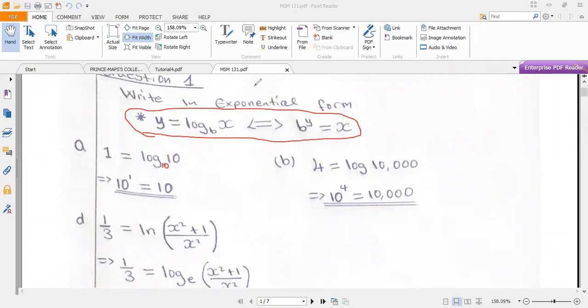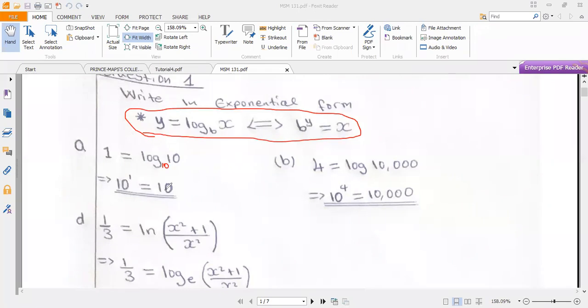So if it has a base 10, then our y is 1, our b is 10, and our x is 10. What we did to this is what we're going to do to this. So we're going to say 10, which is our b, will be raised to the power 1, which is our y, and then we say it is equal to 10.